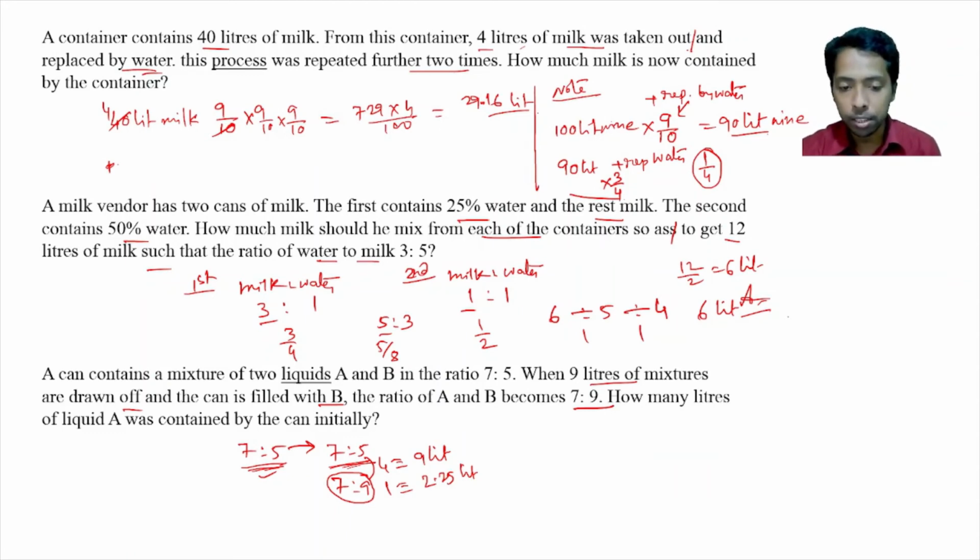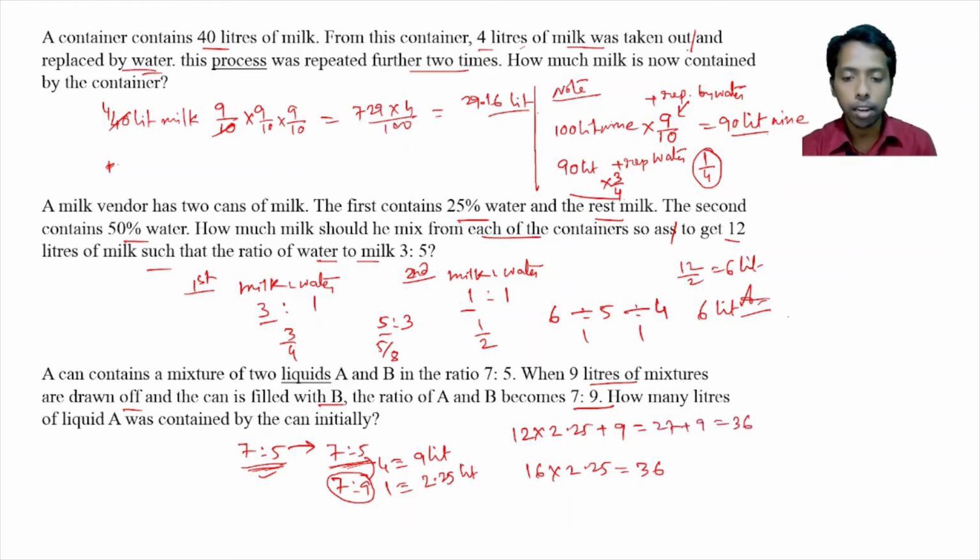So if we take this 7:5, that means 12 into 2.25 plus 9, this is the total quantity, the initial total quantity in the mixture, or this 16 into 2.25, both are absolutely same, right? You may calculate any of the two. So this is 36 liter, right?